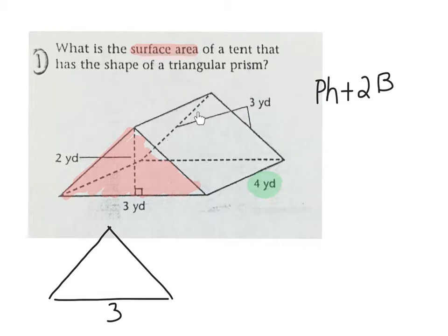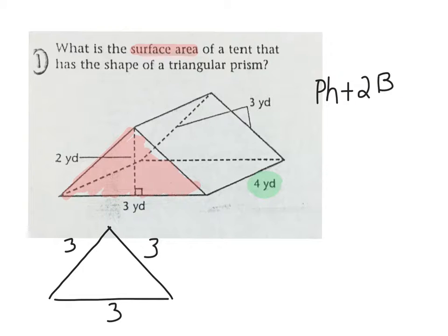Okay, so this really is an equilateral triangle. All the measurements are going to be 3. So see how it's across from each other? Okay, those are the same units. So we'll write 3 here and 3 there.